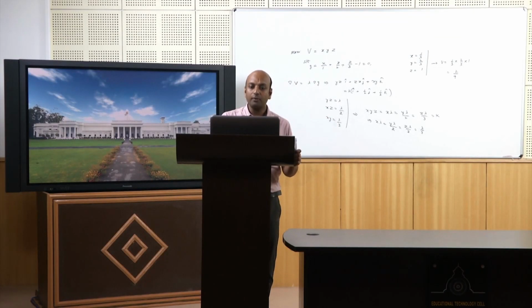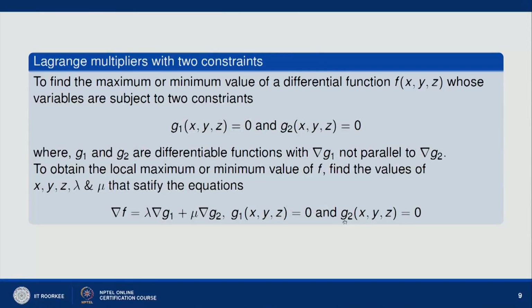Now suppose you have two constraints, and you have to find the maximum or minimum value of a function f(x, y, z) subject to two conditions. How can we use the Lagrange multiplier in this case? We can simply take the gradient of f as a linear combination of the gradient of g1 and the gradient of g2, that is, lambda times gradient g1 plus mu times gradient g2.